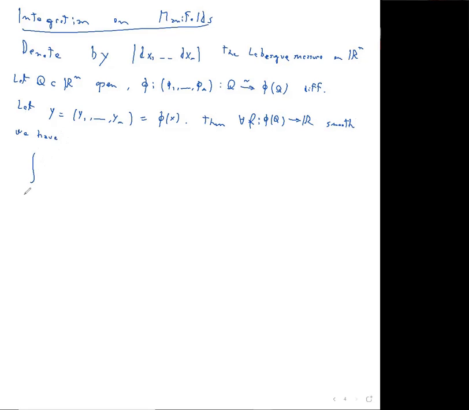we have that the integral on phi of Q of f of y dy. So if we integrate on this set here, it is the same as integrating on this set by precomposing with phi. But then you have to add the determinant, the absolute value.